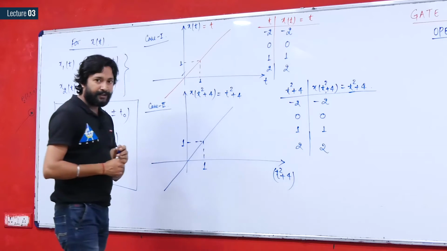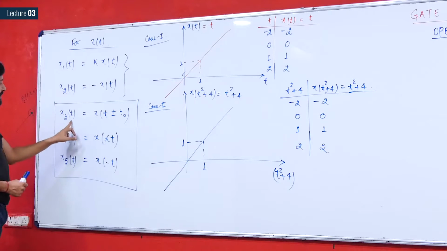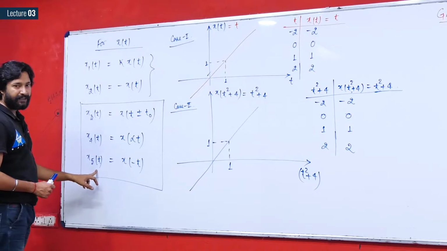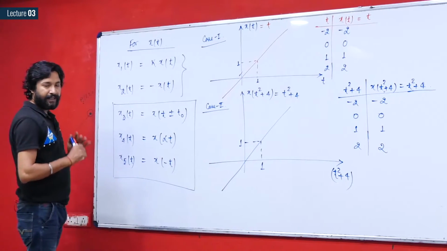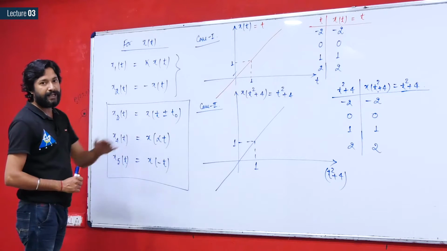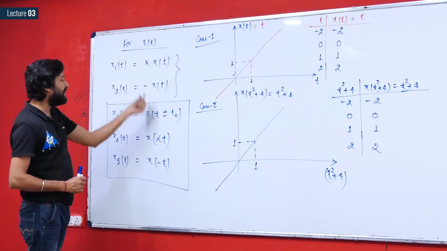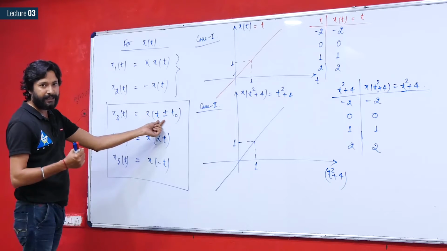But now what you have to do is, for a given signal x of t, you have to plot x3 of t, x4 of t or x5 of t with respect to t only. If you take the plot of x of t plus or minus t naught with respect to t plus or minus t naught, then the shape of x of t and this x of t plus or minus t naught will be the same.